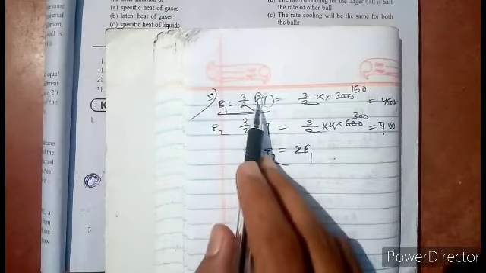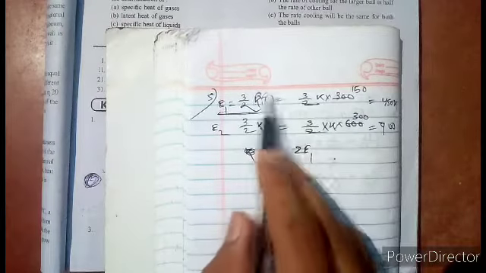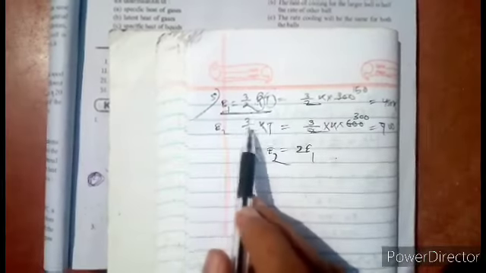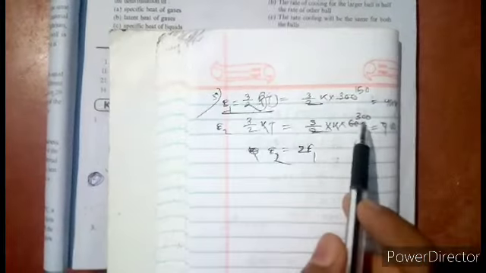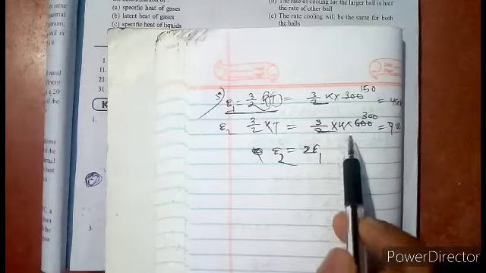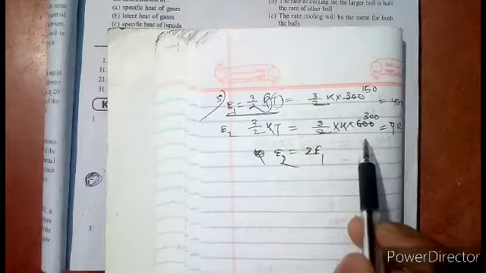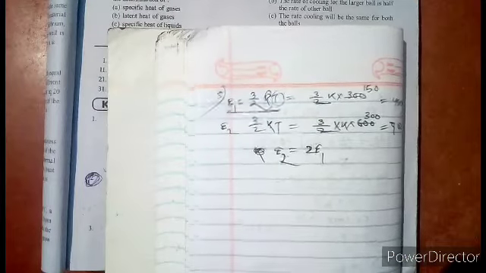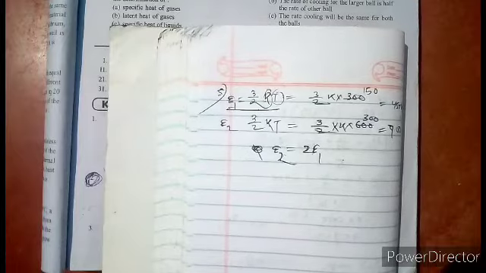So 3 by 2 into k into 300 Kelvin, that is 450k. Again E2 is equal to 3 by 2 kT, T is 327 degrees Celsius, that is 600 Kelvin, that is 900k. So E2 is 2 times, so it is doubled. The answer is doubled.